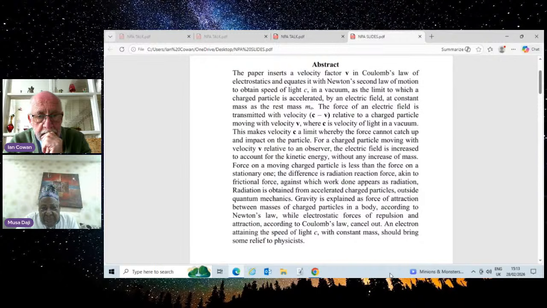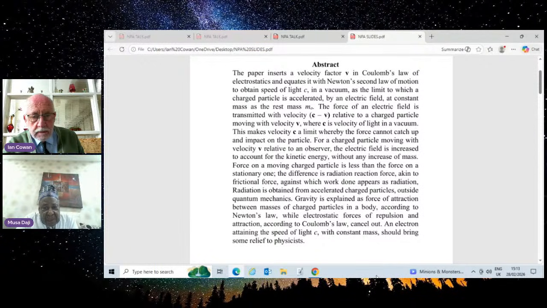Force on a moving charged particle is less than the force on a stationary one. The difference is radiation reaction force, something similar to frictional force, against which work done appears as radiation. Radiation is obtained from accelerated charged particles outside quantum mechanics.